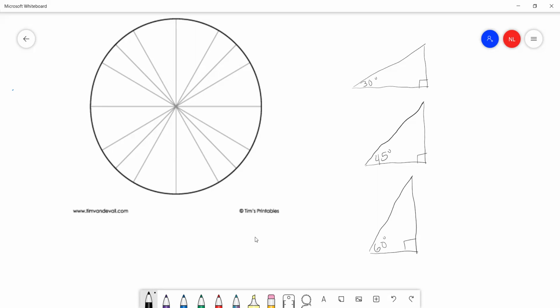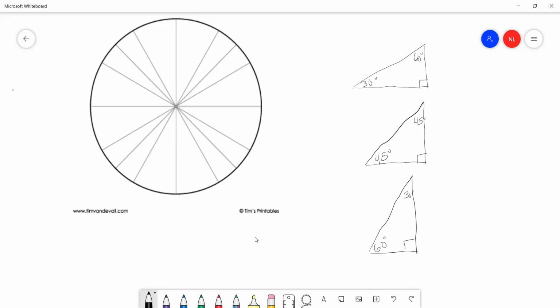We're just going to review these 30, 60, 90 and 45, 45, 90 degree triangles. You should know if this angle is 30 and this angle is 90, then this angle has to be 60, so they all add up to 180. Same thing over here. If this one's 45 and this one's 90, then this one has to be 45. And again, same thing over here, this one has to be 30.